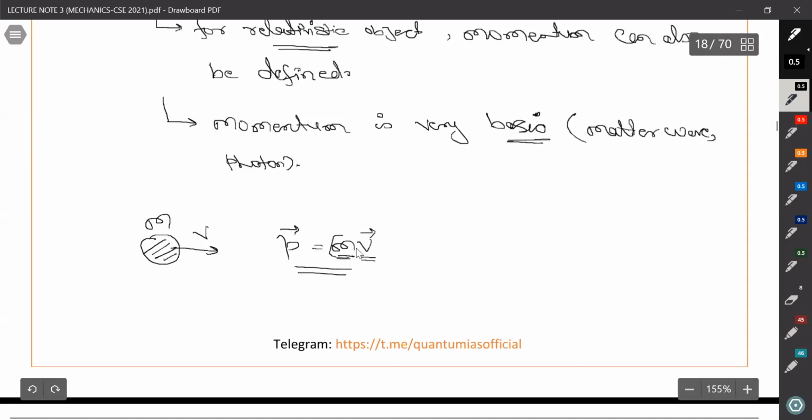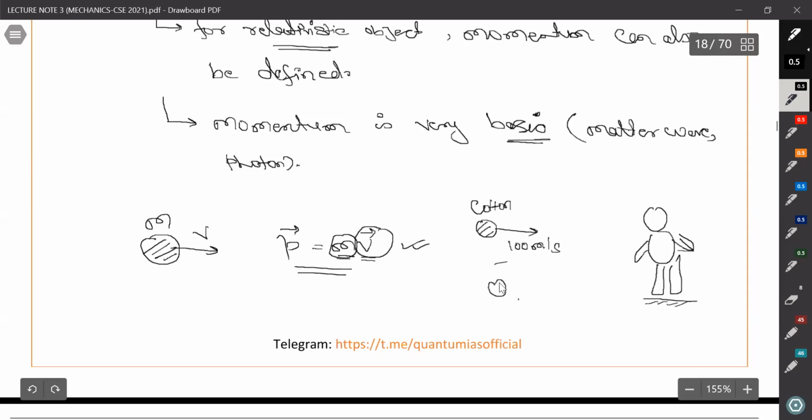If we consider the mass alone or the velocity alone, it doesn't make much significance. For example, suppose you are here and I am throwing a cotton ball at a speed of 100 meter per second. Will it hurt you? No. Cotton ball, very small mass.